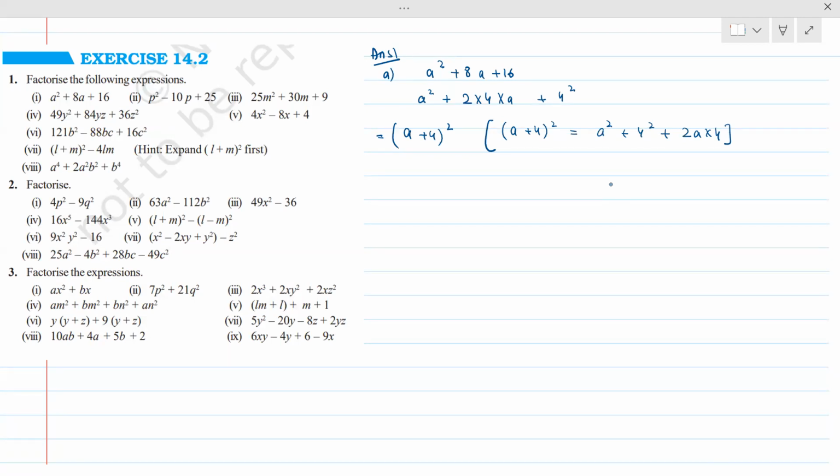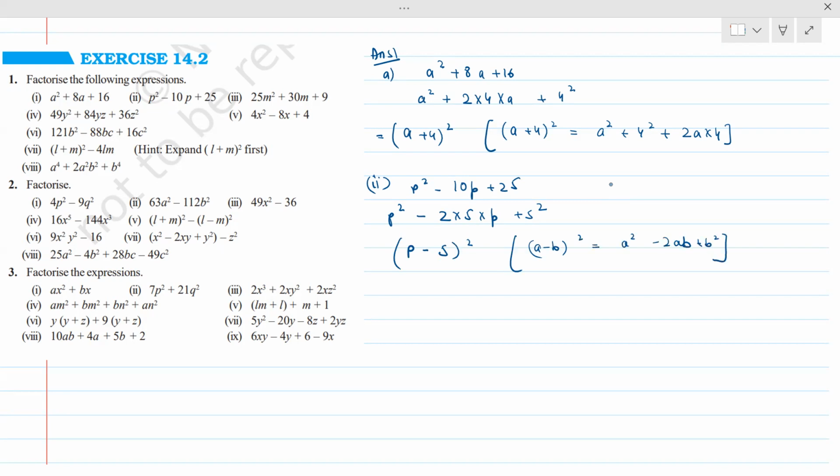Similarly, let's see the second part. p square minus 10p plus 25. I can write it as p square minus 2 into 5 into p plus 5 square. So this is forming p minus 5 whole square. Why? Because a minus b whole square is a square minus 2ab plus b square. Okay. Let's do the third part.